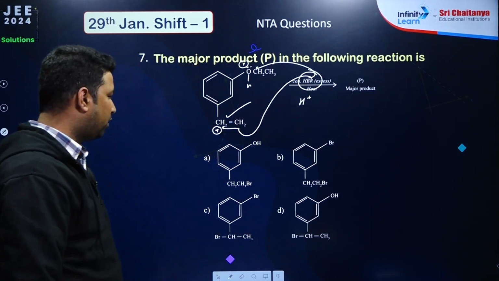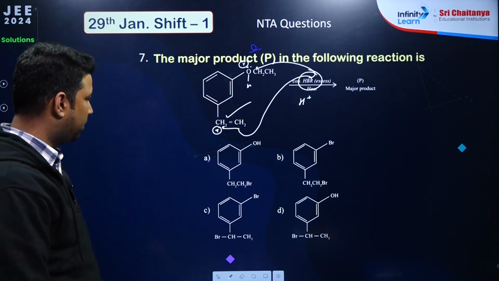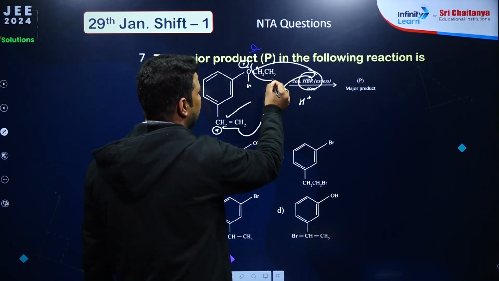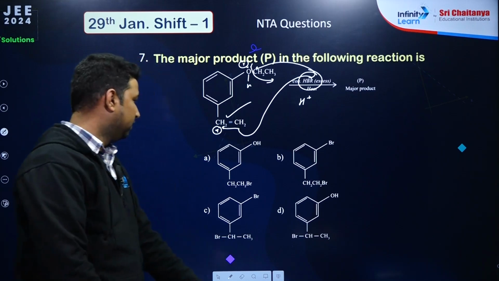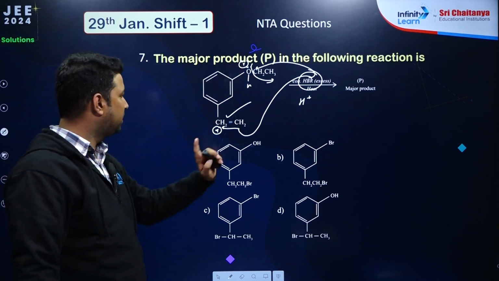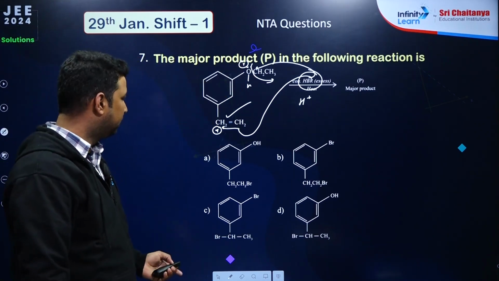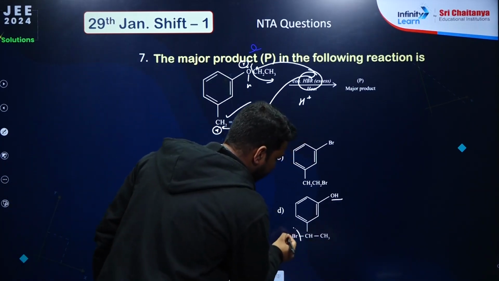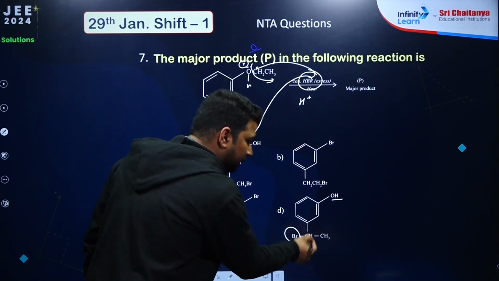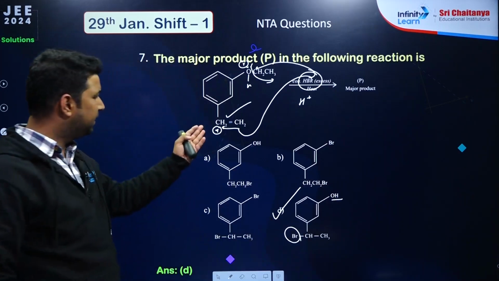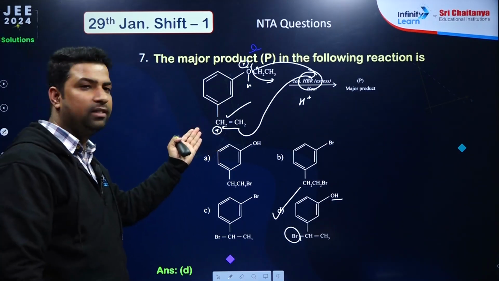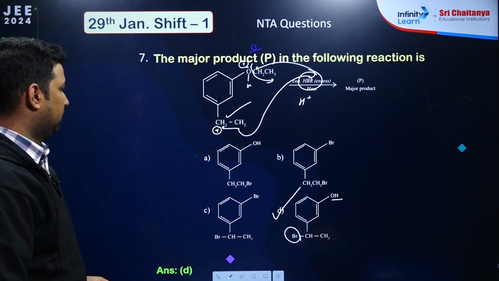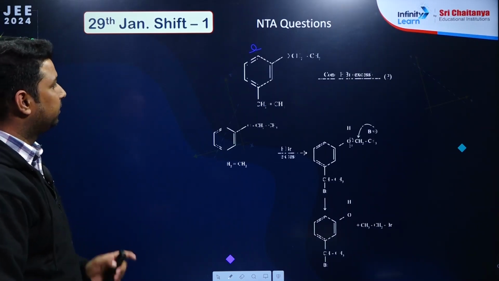So what will be the product? Since Br minus will attack, this group will leave. So this becomes OH and the carbon has Br. The right answer will be part D. This becomes OH and Br will attach to the carbon which is directly connected to the ring. Why is this carbocation stable? Because of the resonance. So the complete solution is like that.